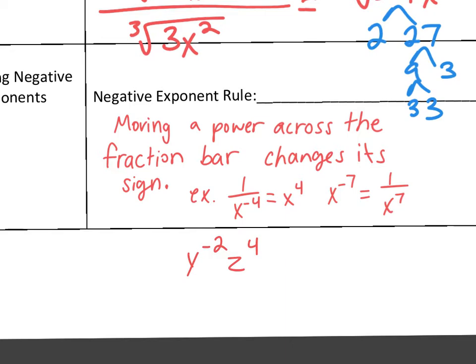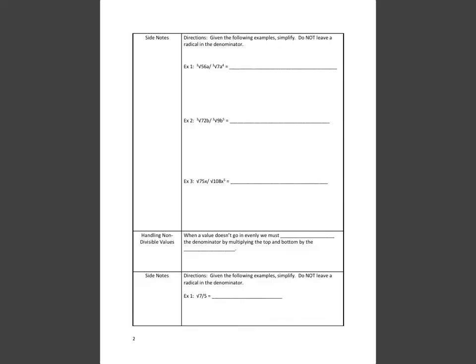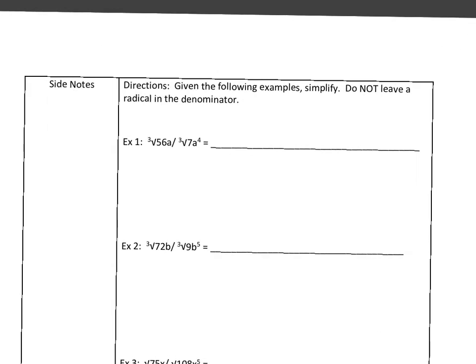Well, the z's are already positive, so I wouldn't want to move that, right? But I could keep that on top and move the y down to make it positive. Have we seen this before? Yes? Cool. Okay. We will go ahead and get moving on these.